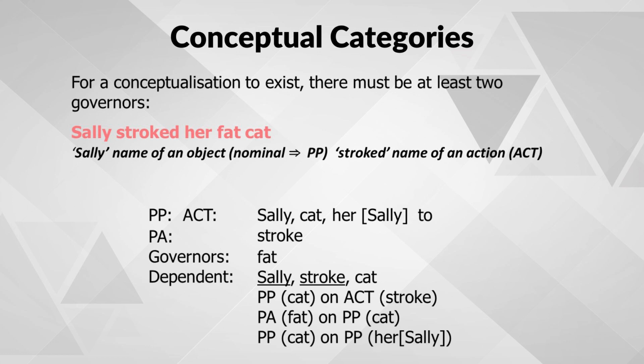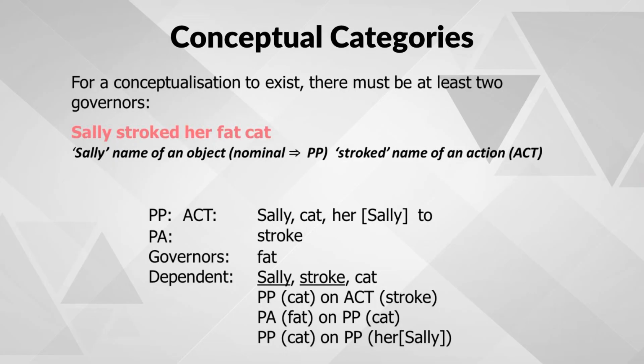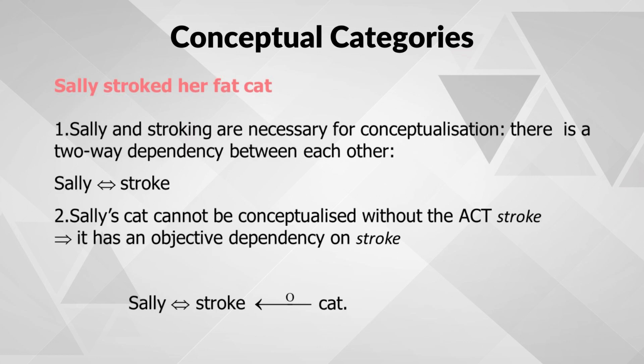In the sentence, Shelley stroked her fat cat, both Shelley and stroked are essential for creating a meaningful concept. There exists a reciprocal dependency between these two elements, Shelley and stroked. This means that the understanding of Shelley relies on the concept of stroke and vice versa.